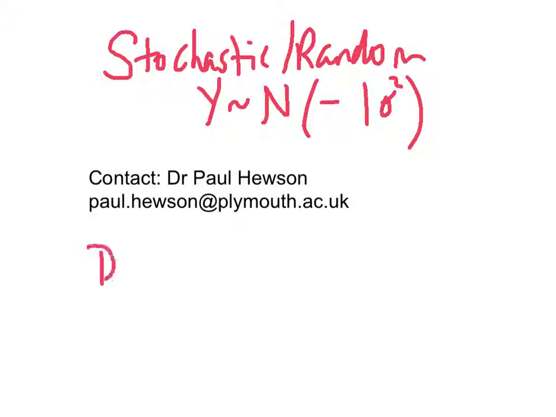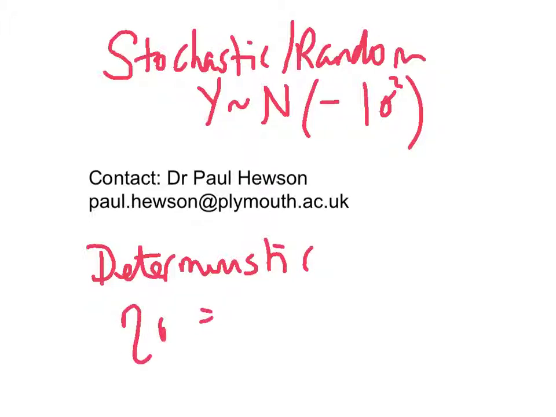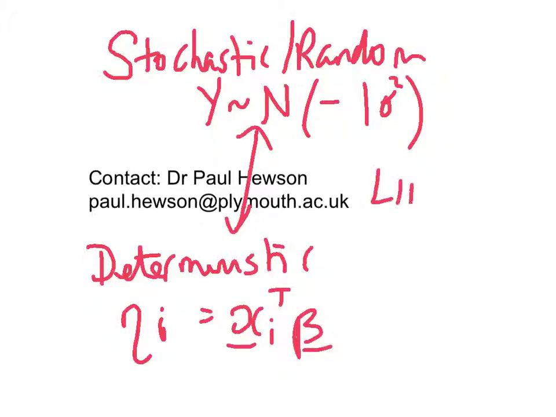It has a deterministic part, that's the linear predictor, and these two are joined by a link function.